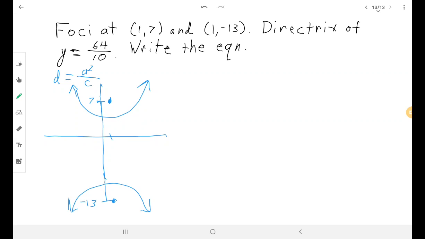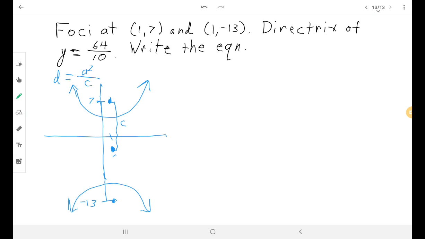All right. So how do I figure out, now remember, the distance from wherever the center is to that focus is the distance c, right? So I kind of already know the distance c. It'd be nice to know what this center is.